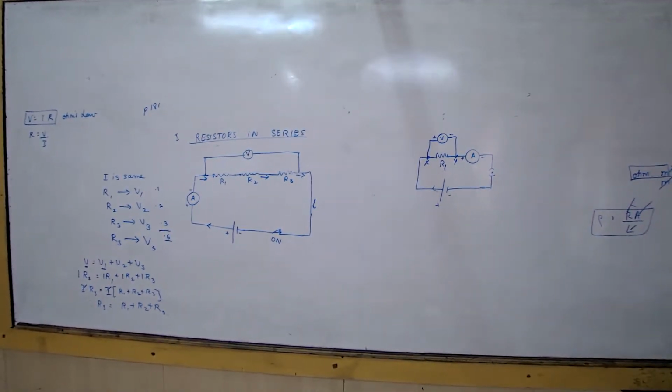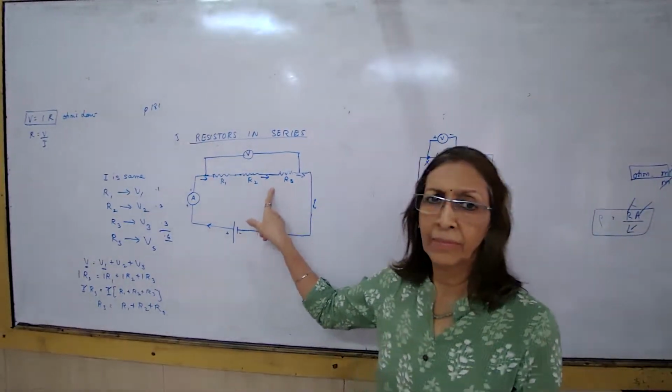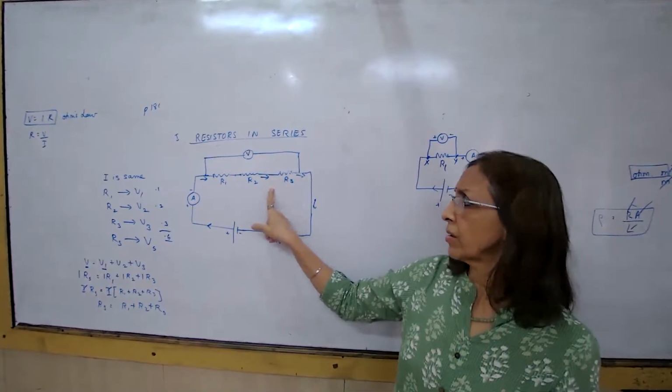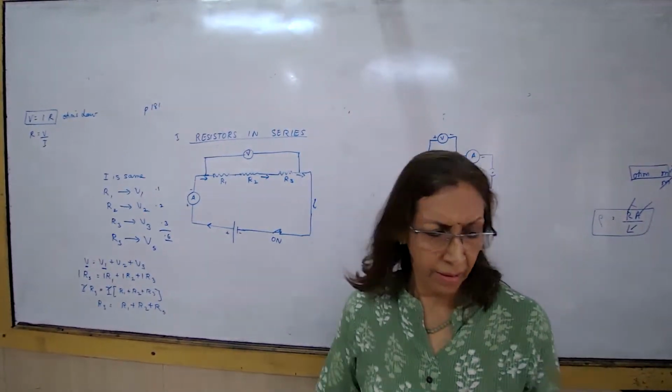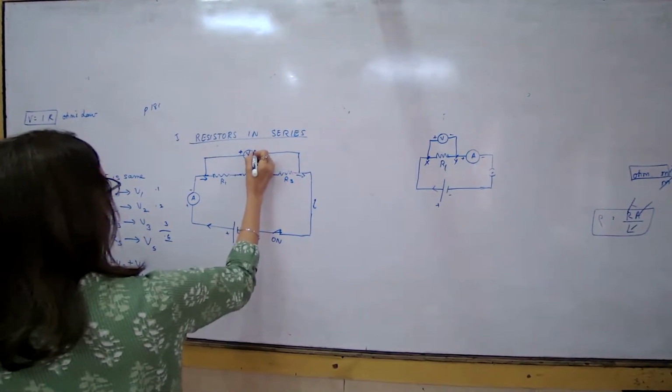In your book, can you quickly sketch this diagram? Two minutes, quickly you should sketch it. This is what is needed. So this is resistors connected in series.